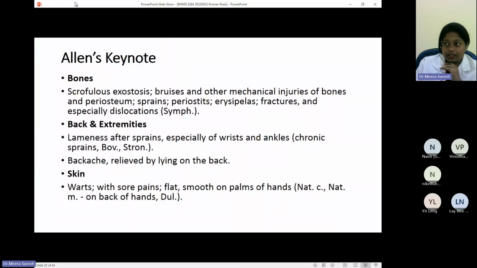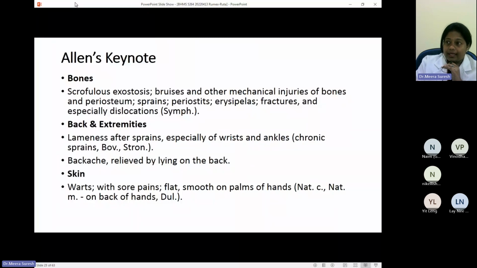When I asked why, the thing was that when given clinically, the action of Symphytum, though we study theoretically that it helps in the union or healing of the fracture, is very much limited.